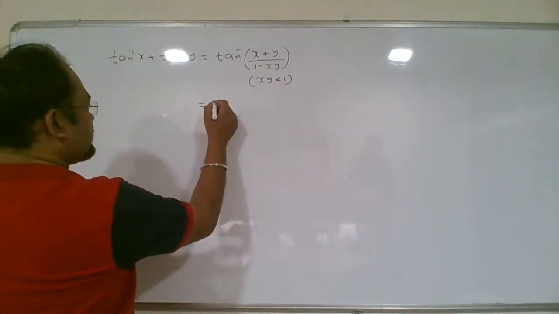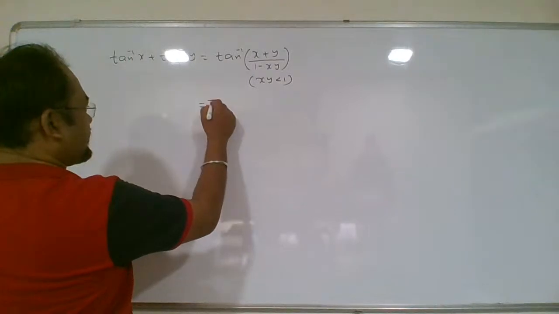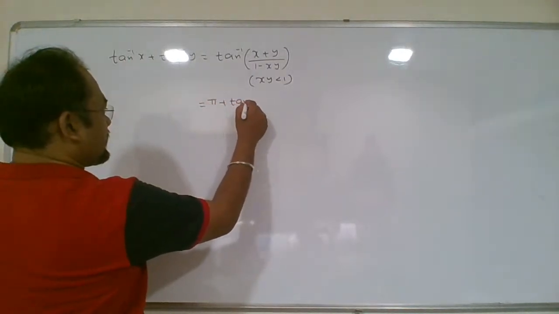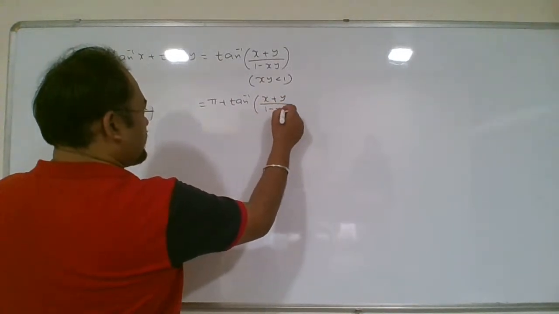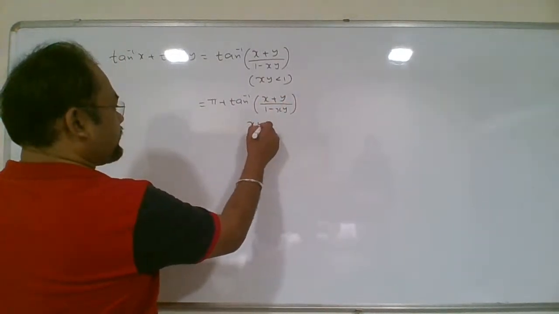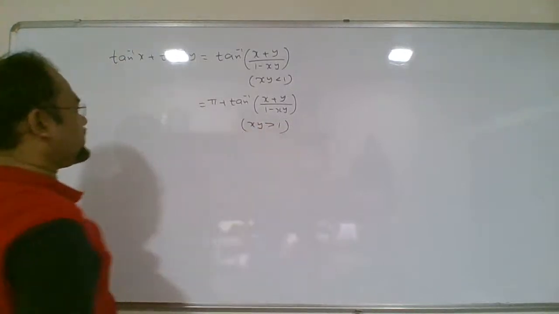If xy is greater than 1, then it is pi plus tan inverse of x plus y upon 1 minus xy.